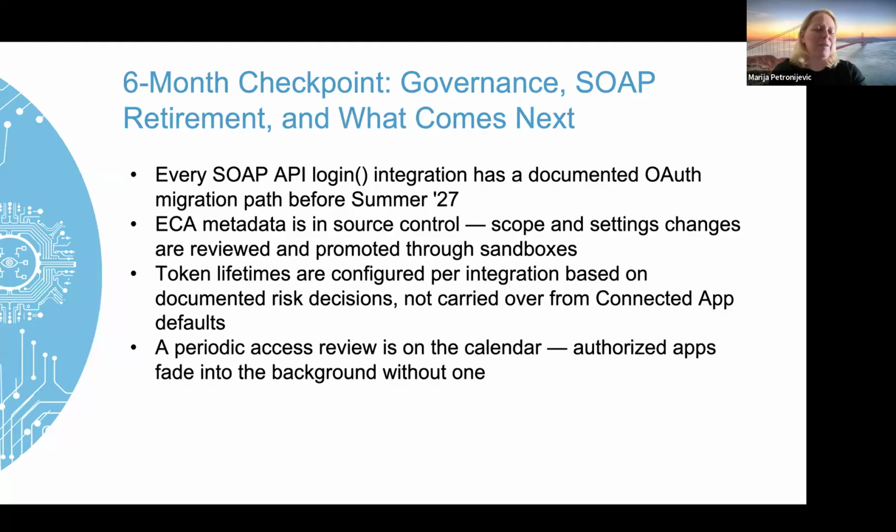Make sure your deployments work correctly, and review scope and setting changes. Token lifetimes are configured based on risk decisions or how frequently they get refreshed; you don't just carry over from your connected apps. And then periodic review is on your calendar.